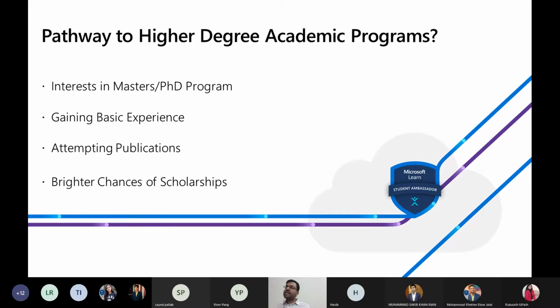I did a thesis and I published a conference paper, which was not published in standard digital libraries like IEEE, Springer, or Elsevier. It was not published anywhere. It was a local conference, and my thesis was published as proceedings in that local conference. So I wouldn't say that I did anything during my undergraduate program.